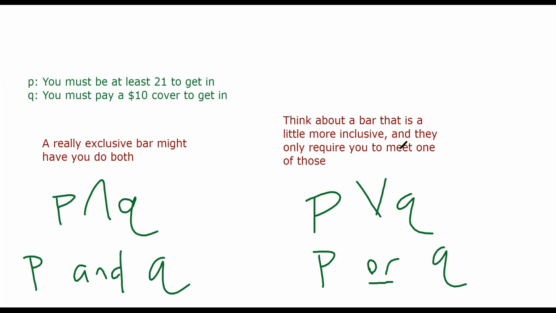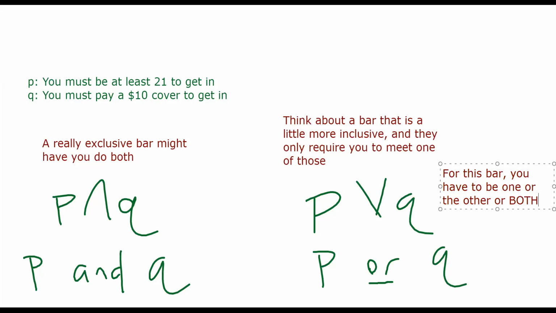You didn't have to give them $10, but they're not going to say no, sir. So what we're going to see is for this bar, you have to be one or the other or both. If you're both willing to pay the cover and you're 25, you'll still get in. And so what we're going to see is that the word or in mathematics really translates to and or. You can be one, the other, or both. That's in logic and math what or means.